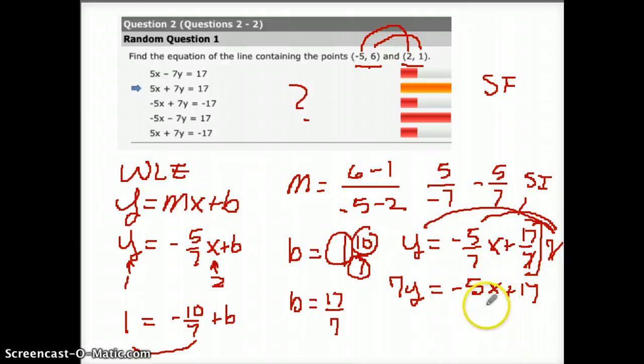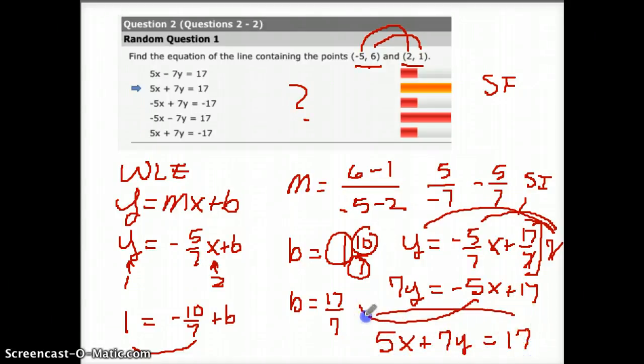Now, normally in standard form, the x term goes first, so we're going to move that over here and say 5x plus 7y is equal to 17. Okay, now I'm looking for that answer up here. And lo and behold, it is right here. Okay, that is the way to do that problem.